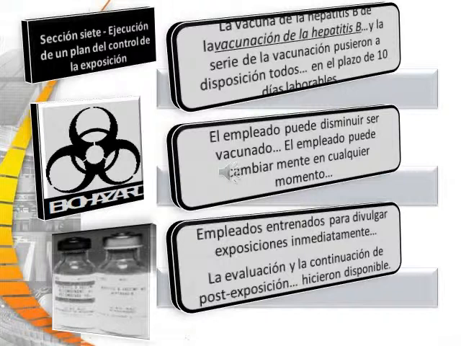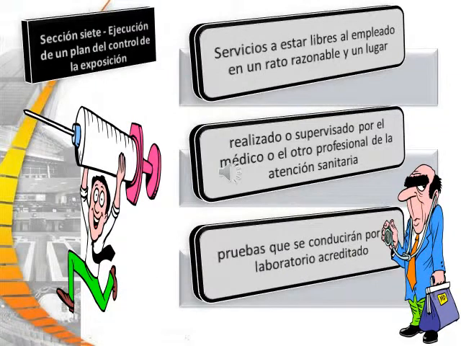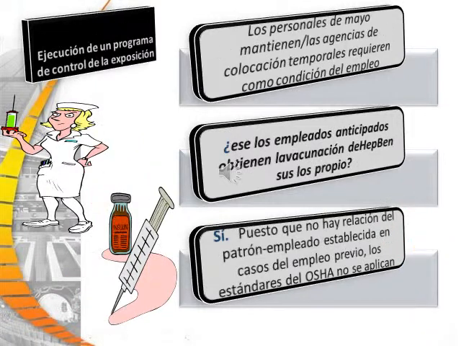They must be trained to report exposures immediately, and post-exposure evaluation and follow-up are made available to them. Services are to be free of charge to the employee at a reasonable time and place. They are to be performed by or supervised by a physician or other healthcare professional, and the tests are to be conducted by an accredited laboratory.